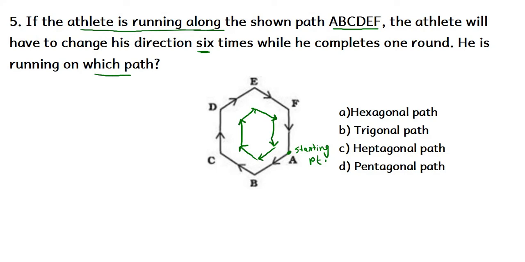So it will develop a hexagonal path. The question is asking which kind of path it is moving. So as it has changed its direction 6 times, the name of path we should give is a hexagonal path.